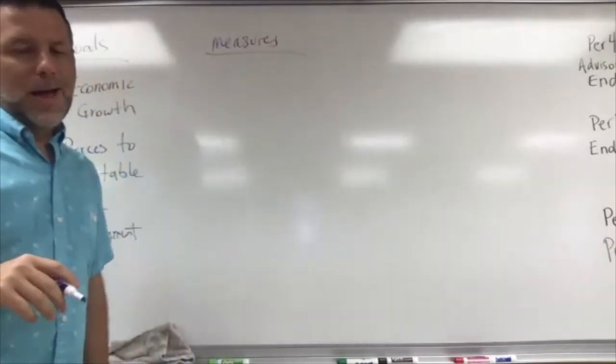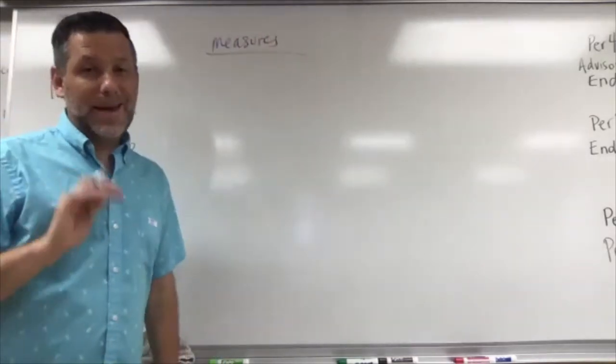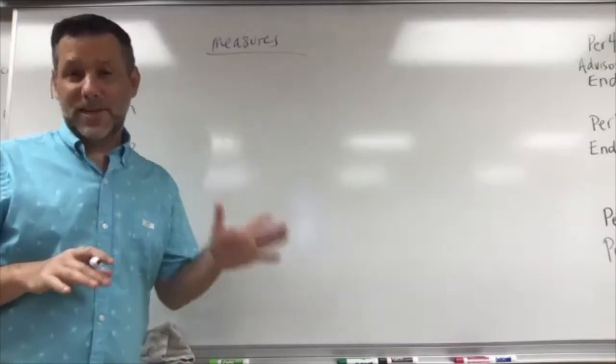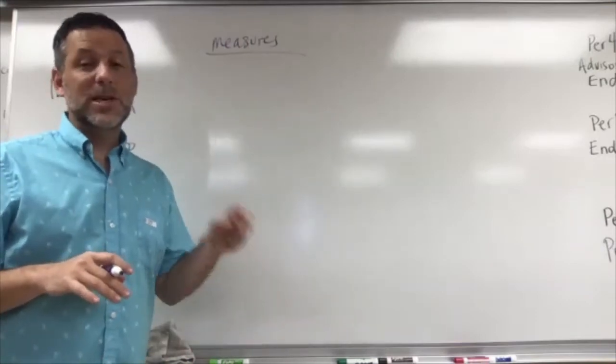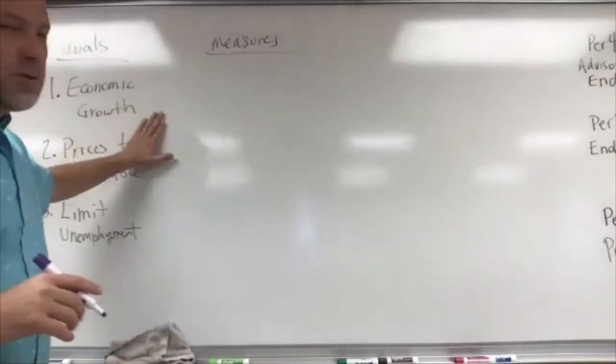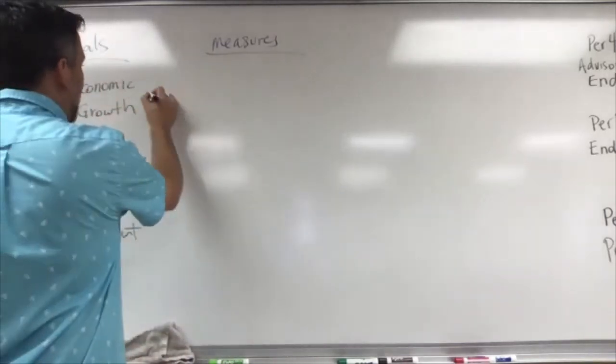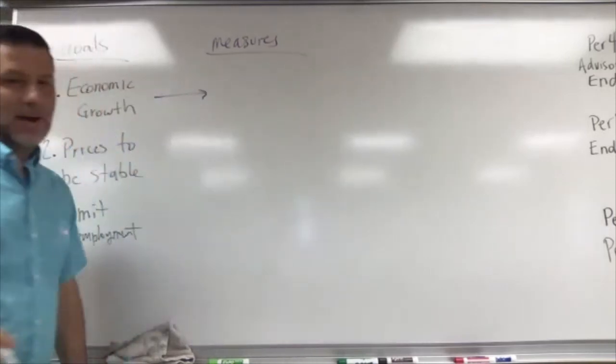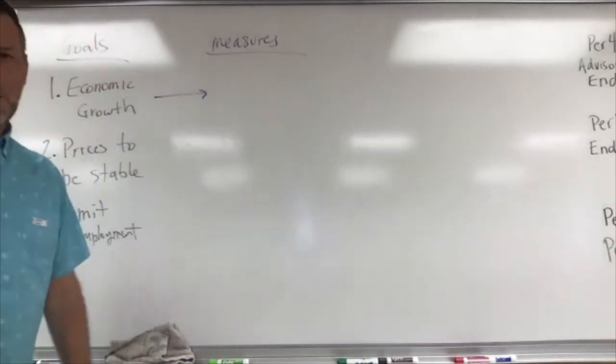This quarter, I'm not going to make you calculate any of these things. You're not going to have to calculate how we do these measures, but you need to know what they mean. So the first one, if I want to measure if my economy is growing, how do I measure that?